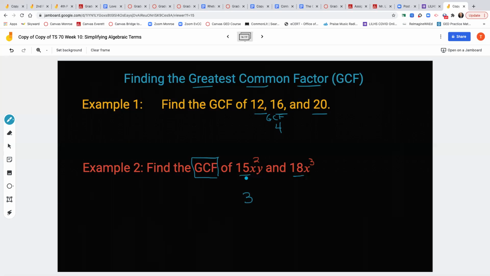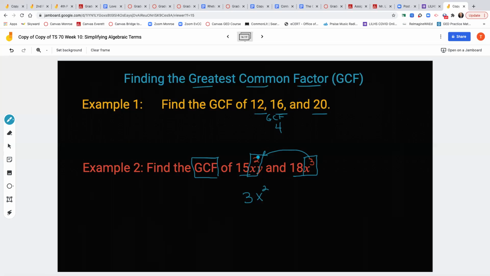Now, let's treat just the x here, this x squared. This is where there's a little bit of a trick, but I'm just looking at these two things. The greatest thing that goes into both of these, we would say, is x squared. And I'm going to tell you why, in case you're wondering.